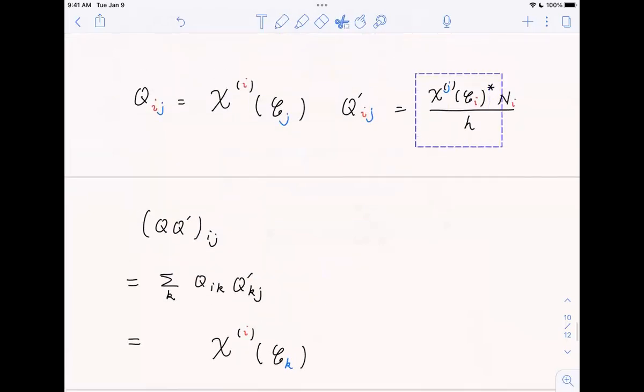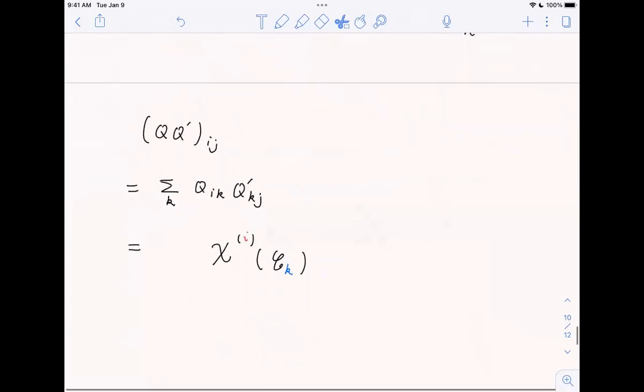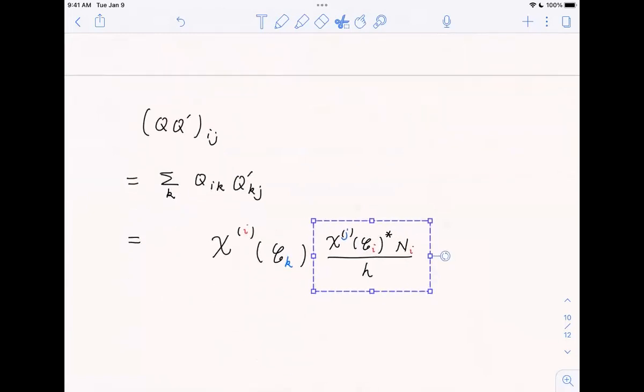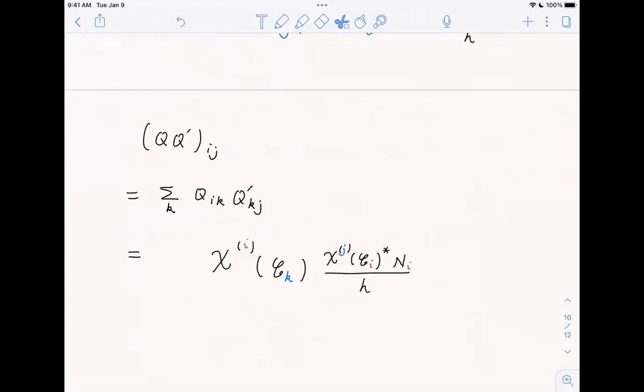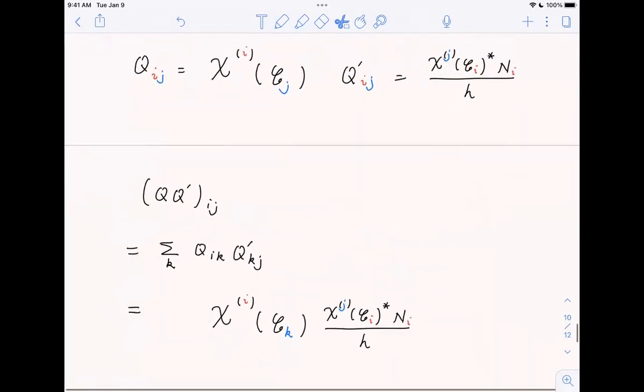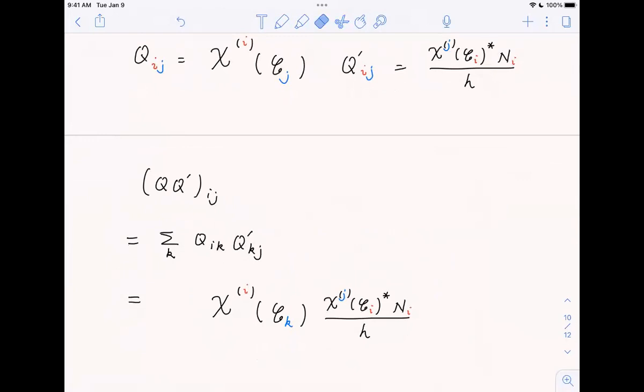Then you take this, and the K will be I. So this will be K. This will be K. And then this will be J.